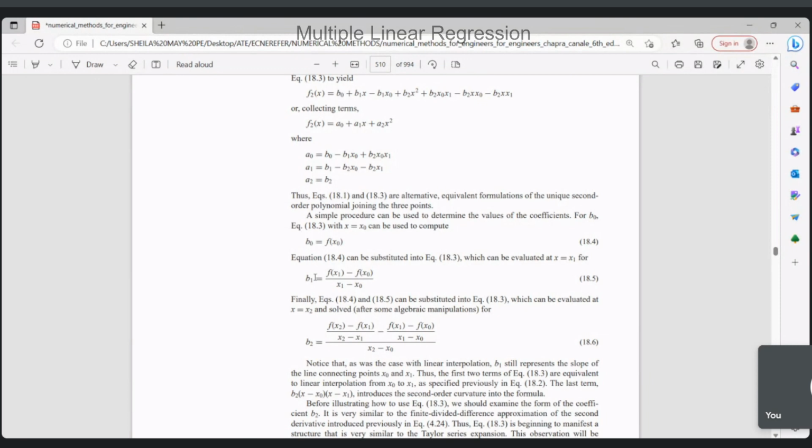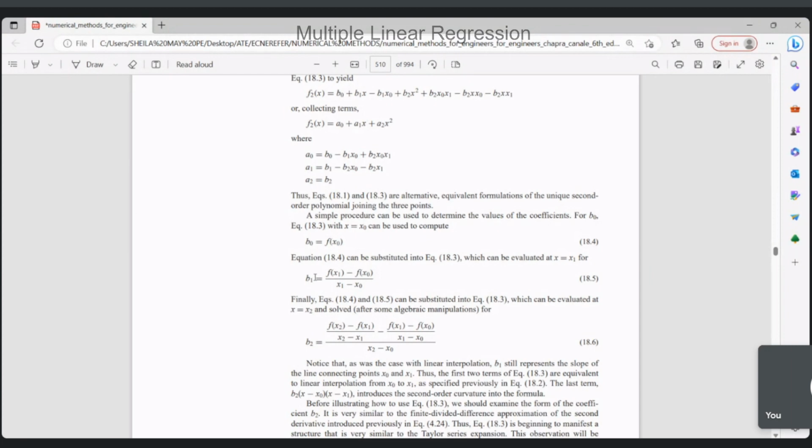Now for our b2, that's function of our x sub 2 minus function of our x sub 1 all over x2 minus x1, i-minus nimo sa previous niya nga function f of x1 minus f of x sub 0 divided by x1 minus x sub 0, i-all over na nimo sila tanan og x2 minus x sub 0.